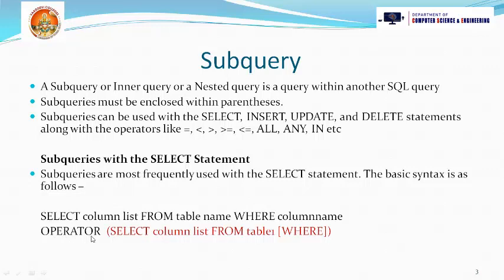Here the operator represents any comparison operator like equal to, less than or equal to, or greater than or equal to, or it may be an operator like all, any, in, exists and not exists.